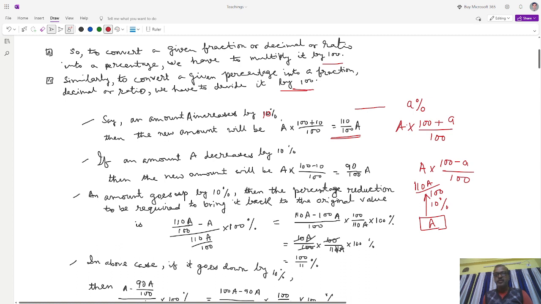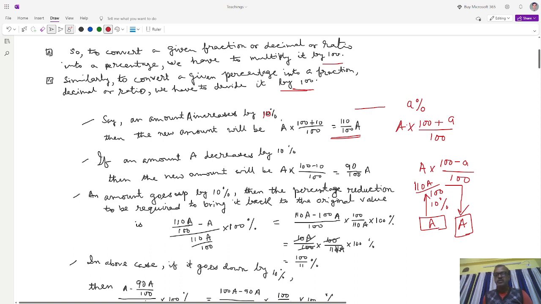Okay. Then this value is to be reduced to bring it to the original value A, so what percent is to be reduced?